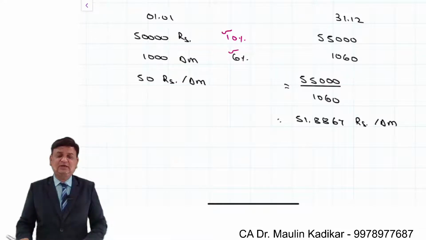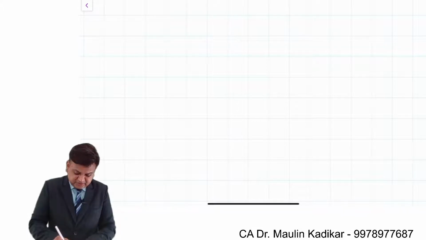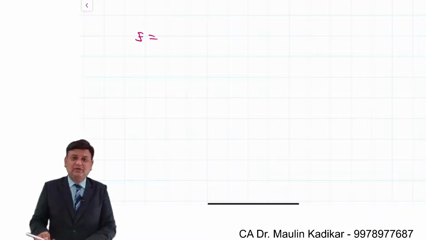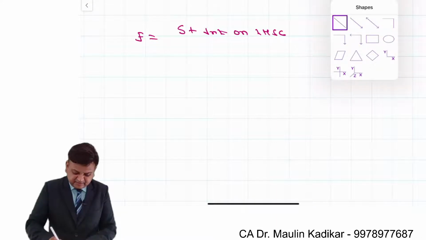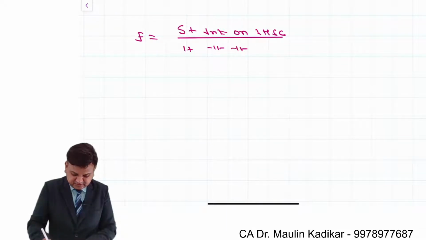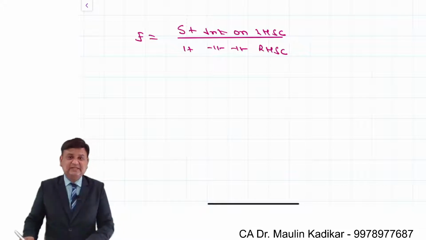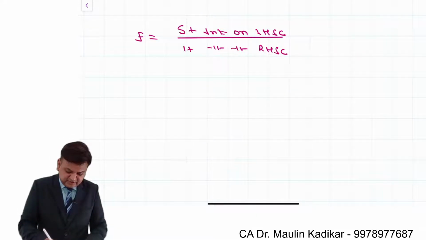So we can compute the exchange rate using purchasing power parity theorem at the end of the year. Similarly, the way we have the interest rate parity theorem, in which we compute the forward exchange rate as spot into 1 plus interest on left hand side currency divided by 1 plus interest on right hand side currency, exactly the same way we have a formula using the inflation rate, wherein instead of interest rate we write inflation rate.